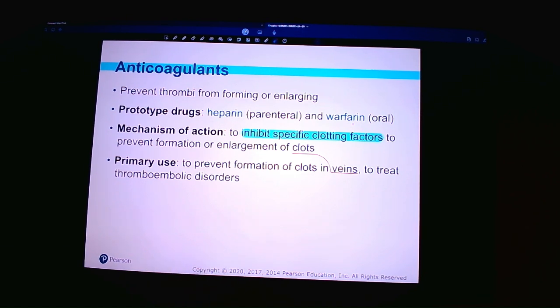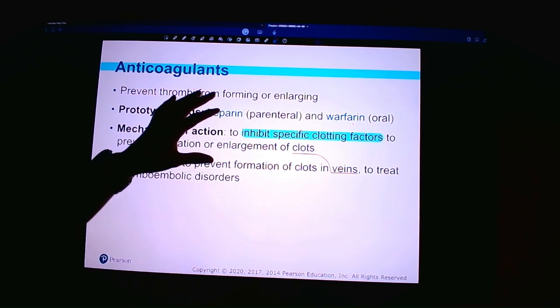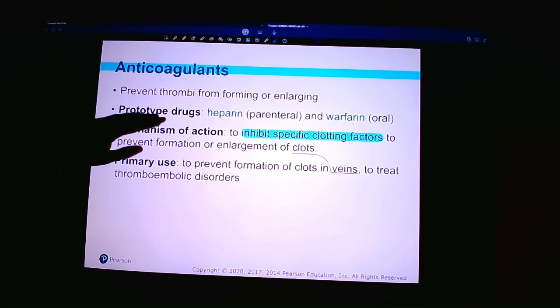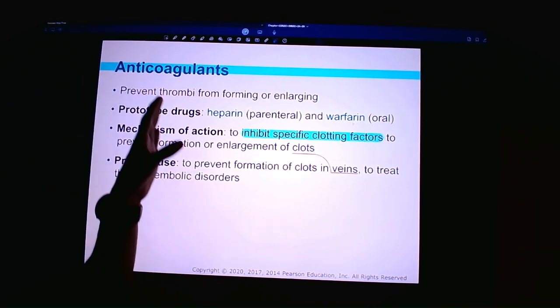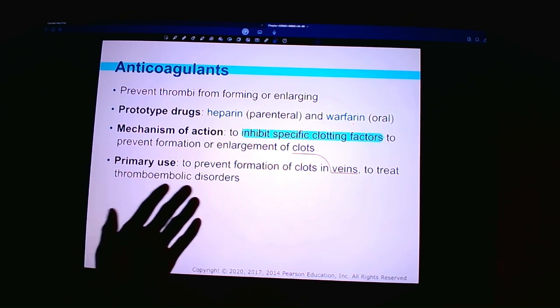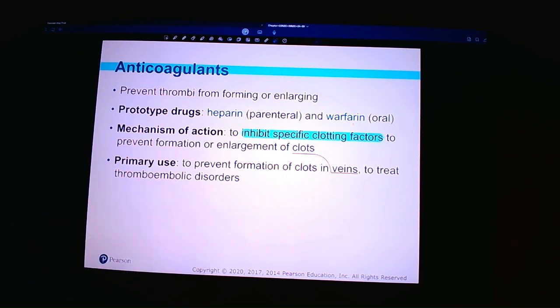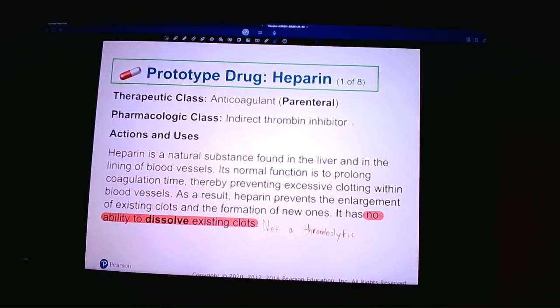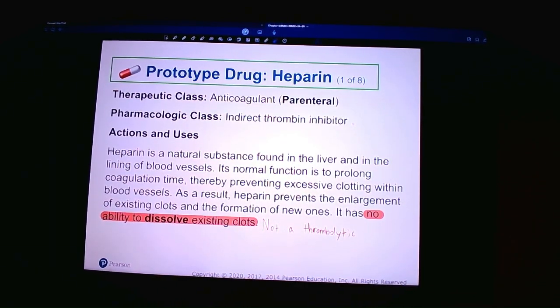They can work off label for each other, but they're not ideal. They have a specific purpose, so please take note. Heparin, warfarin, and all the other anticoagulants target venous clots, while antiplatelets target arterial clots, right?